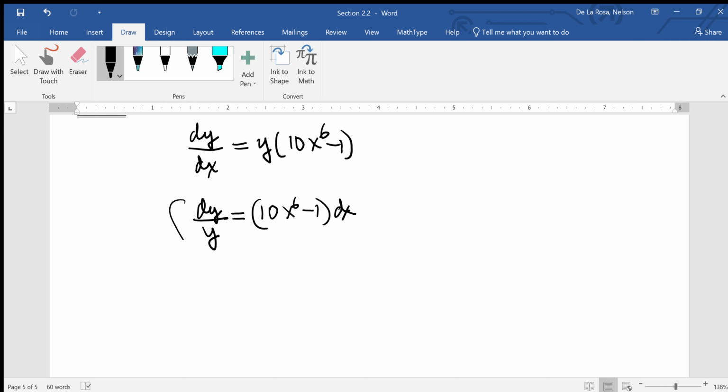Apply an integral on both sides. And the integral of dy over y is ln of absolute value of y. The integral of 10x to the 6 is 10x to the 7 over 7. The integral of 1 is negative x plus c.